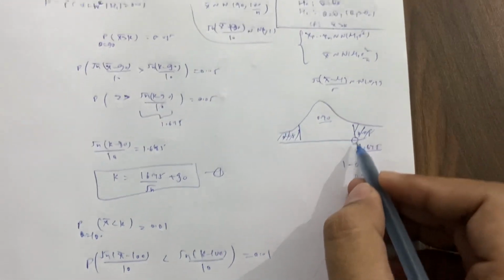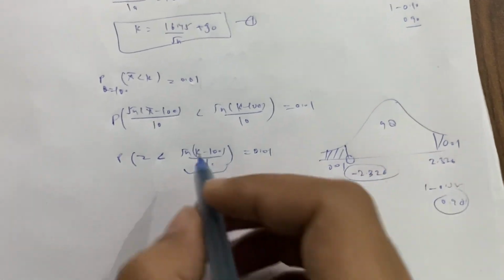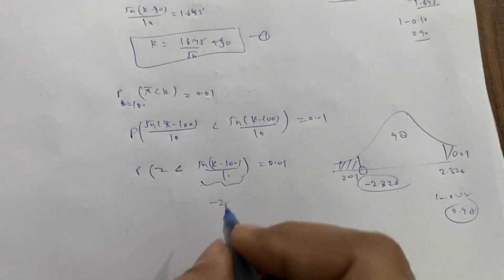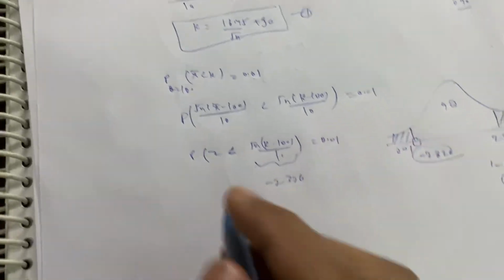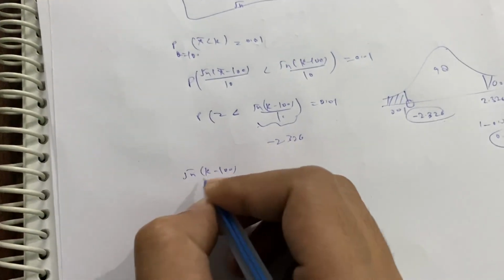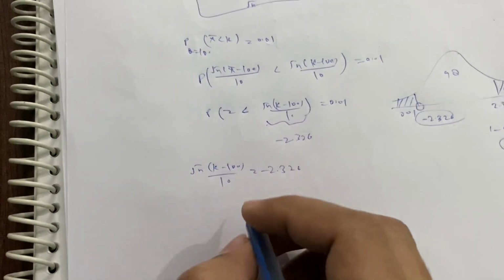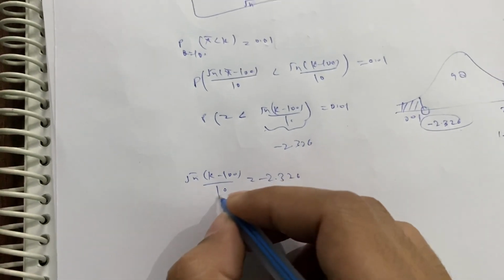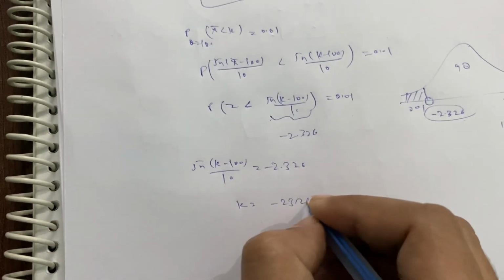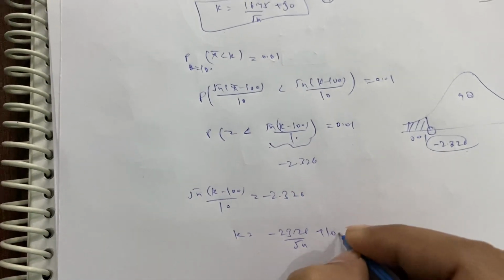Here it is positive, but since we have the less than sign, this value is equal to minus 2.326. Now let's equate it: root n times (k minus 100) divided by 10 is equal to minus 2.326. Now find the value of k from this equation. Multiply 10 with this, so k is minus 23.26 divided by root n, plus 100.